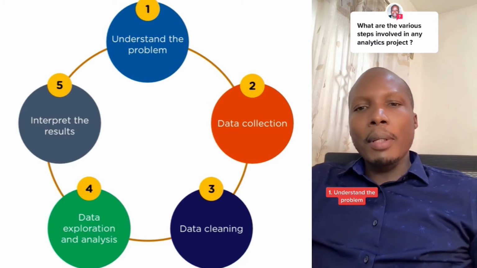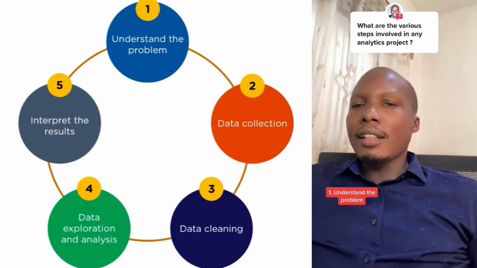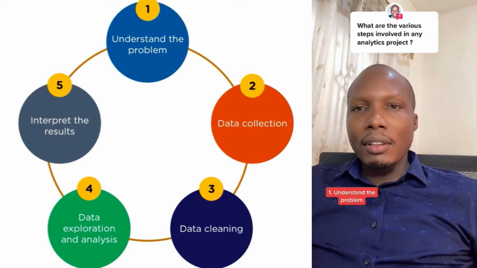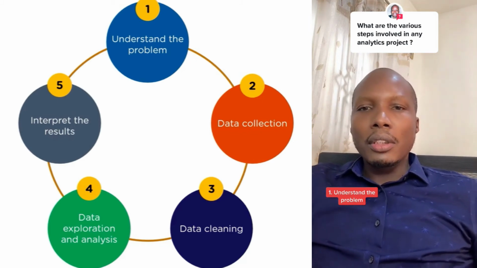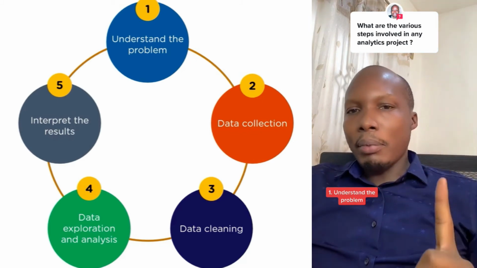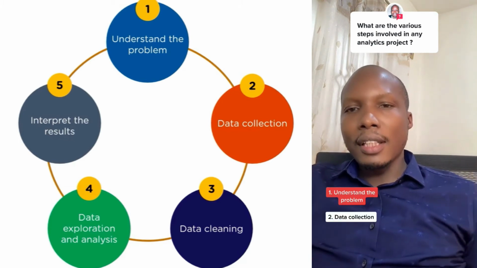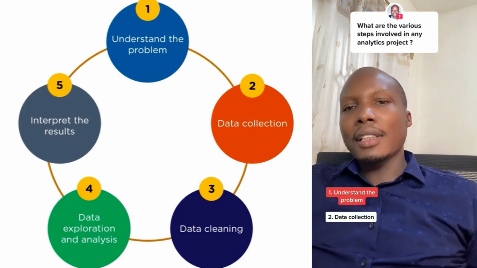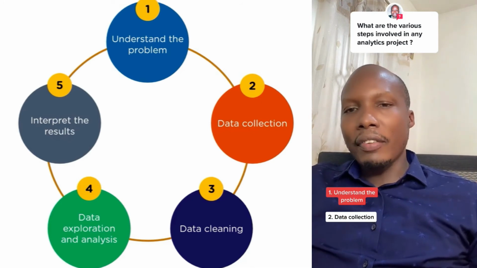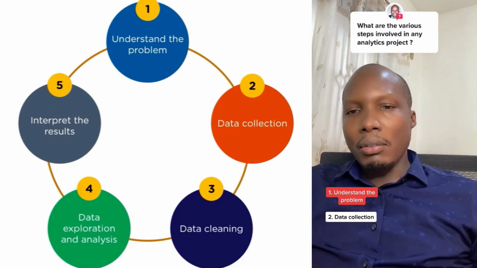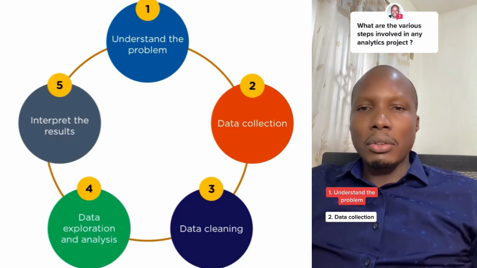Then after the problem, the second step: in all the data wrangling you're going to do, number one, understand the problem. Then the second, there you can come now and start collecting the data. Collecting data means here accessing the different sources, servers, databases, collecting the data, or modeling the data you're going to use.